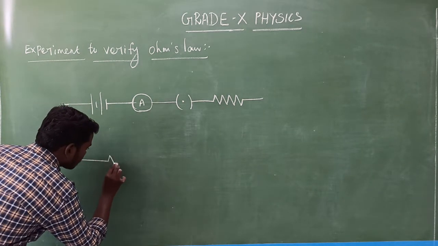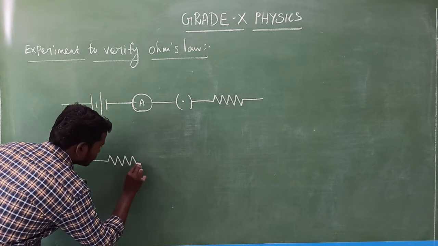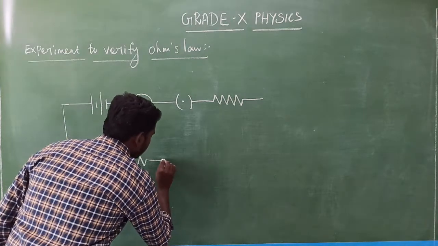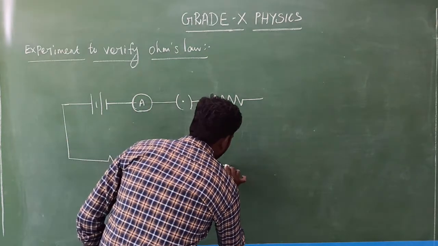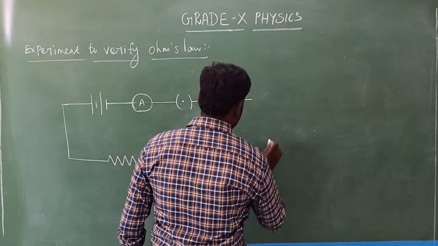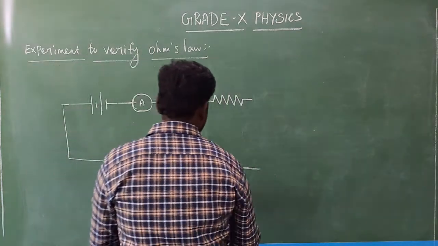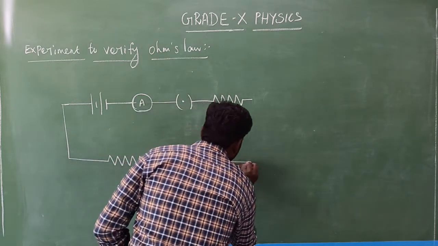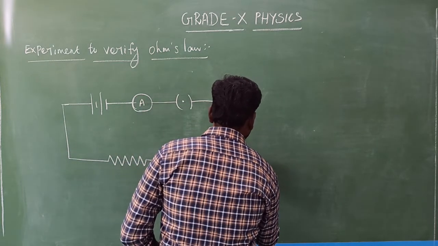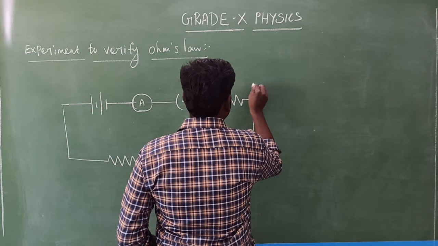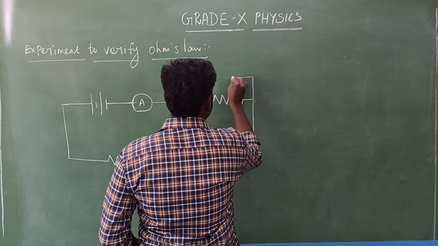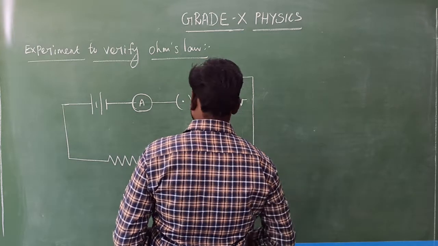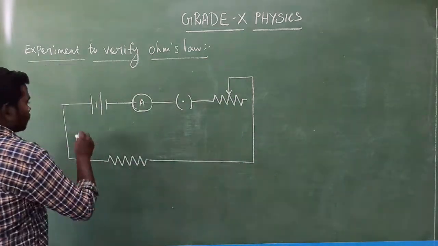This is the unknown resistance. Actually, this is a conductor.